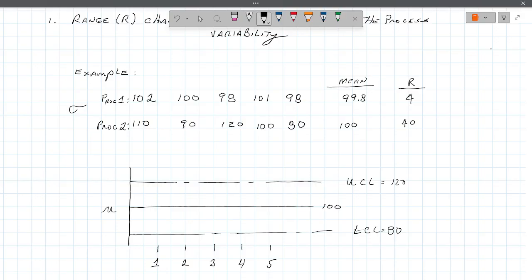So 110 would be here. 90 would be here. 120 would be up there. 100 would be right there. And then 80 would be here. So in essence, we get a graph that looks like this.